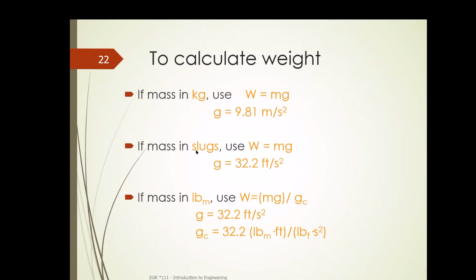If it's in terms of slugs, then you're going to have to use 32.2 feet per second squared. And the last one is if it's given in pound mass. So this is another one. In this class, kilograms are going to be the most common, but in this case you have a conversion factor that you have to account for.